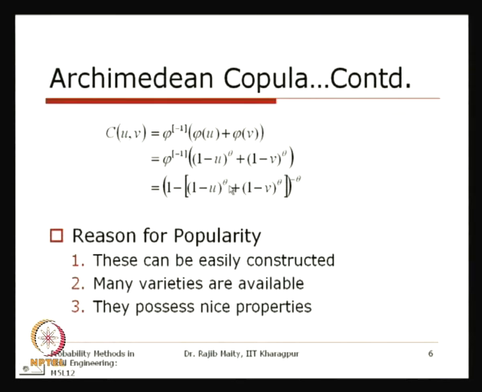So, our steps now: if we have the data, first of all we have to see which distribution the data follows, and from the sample data we can also calculate Kendall's tau, or that measure of dependence. From the tau we determine the parameter of the copula that we have taken, and if we know that copula, then the full form of this joint distribution is known to us.